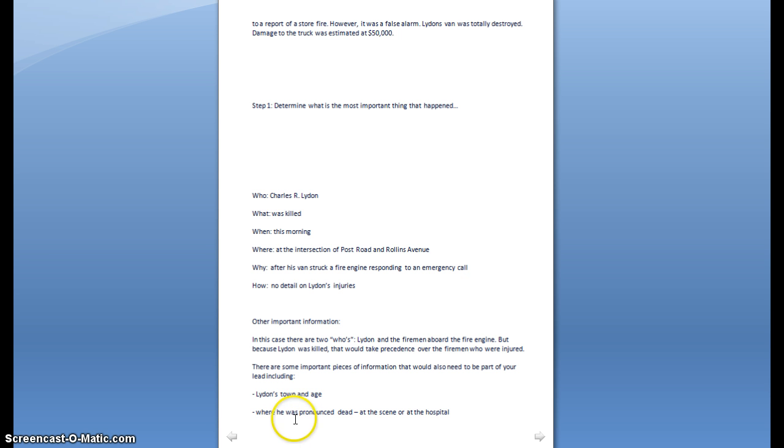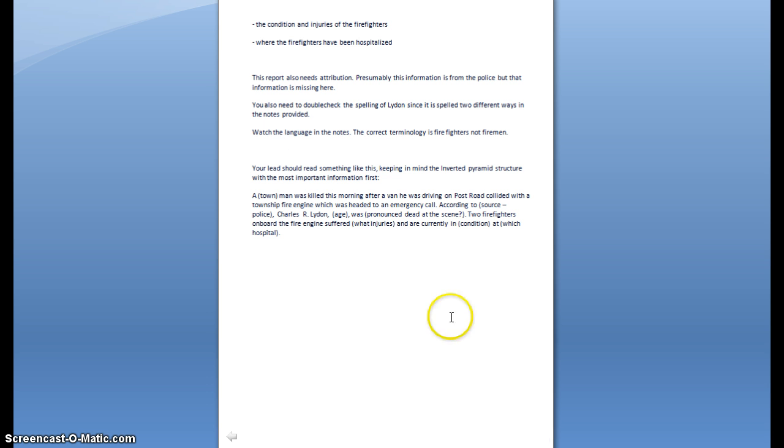Was he declared dead at the scene, or was he taken to the hospital where he died from his injuries? You need to get that information as well. Finally, you need to know the condition and injuries of the firefighters and where the firefighters have been hospitalized. Okay? Are they in stable condition, critical condition, grave condition, whatever it is.